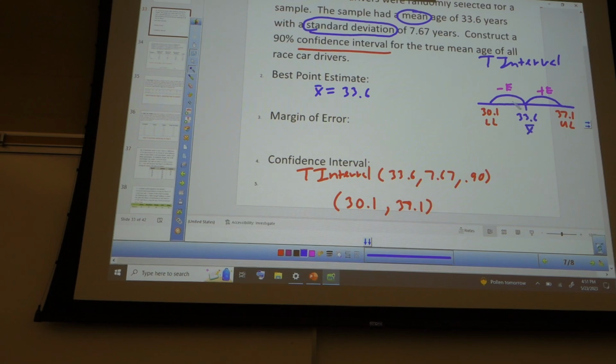To get my error, I take my x bar minus my lower limit, or my upper limit minus my x bar, either one. In other words, 33.6 minus 30.1, and get 3.5.